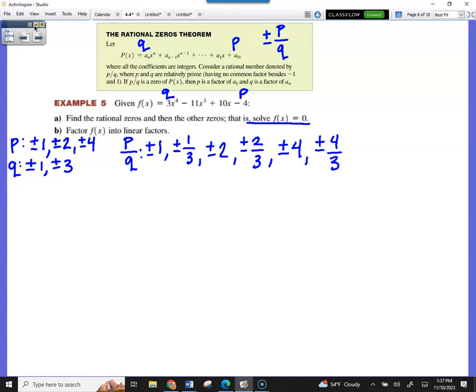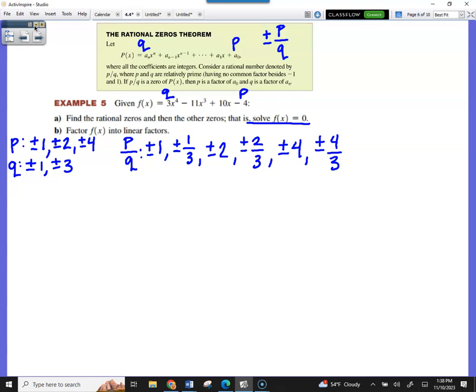You've just created the list of the possible solutions, and it came from the relationship of P and Q, or as we're used to calling it, C and A. This pattern is called the rational root theorem. It means in every single polynomial, when you solve it all the way, the real numbers, notice none of them have i, none of them have radicals.